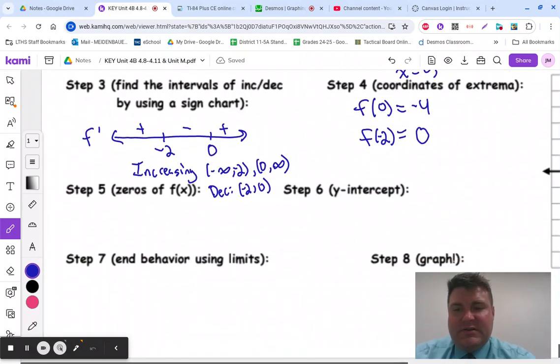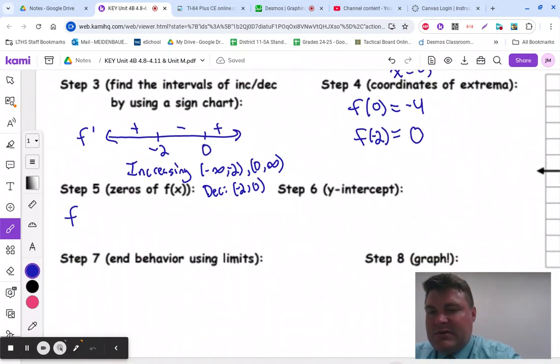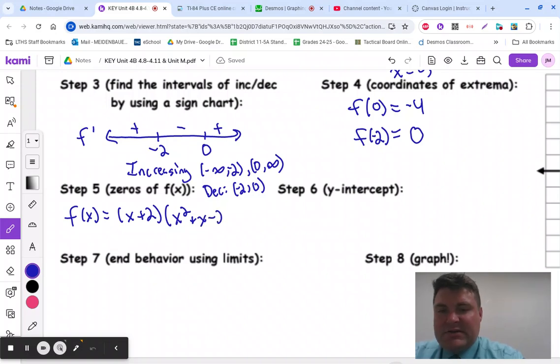So this is equivalent to finding the zeros. I already knew I had the x plus 2 factor in there, and then I have x squared plus x minus 2. And how does that factor?